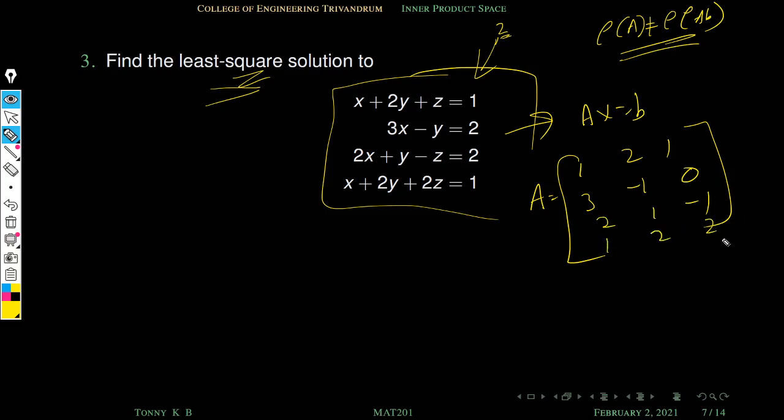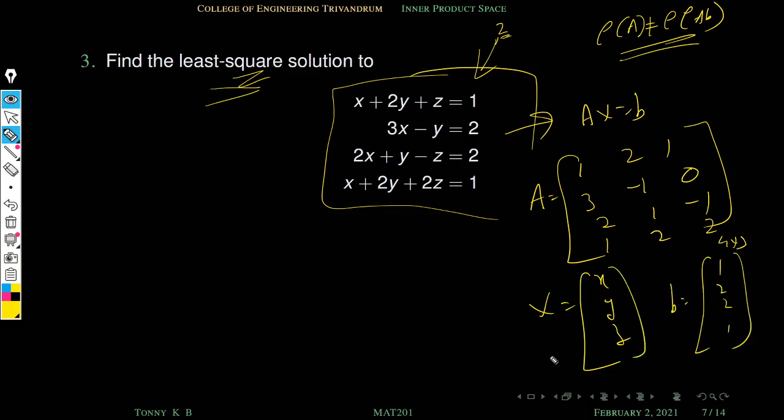This is a 4 by 3 system. Then what about our vector x? It involves three variables x, y and z, and b is nothing but 1, 2, 2, 1. Okay, you can easily verify that the system is inconsistent. അത് നിങ്ങൾ വേണമെങ്കിൽ ചെക്ക് ചെയ്ത് നോക്കാം.